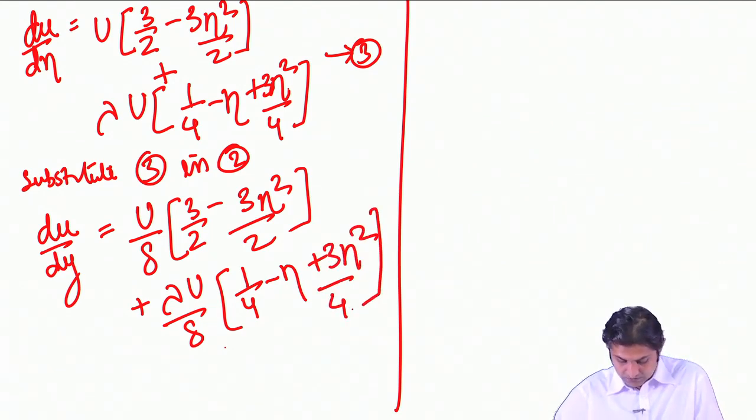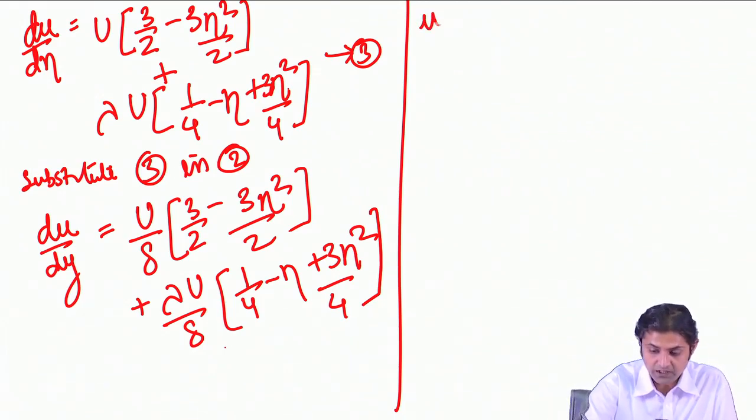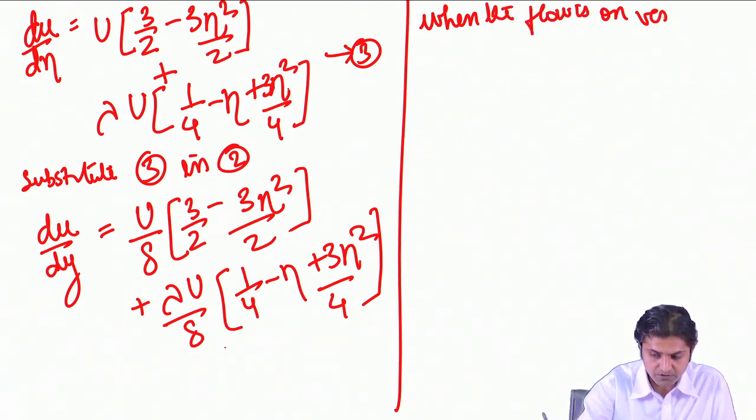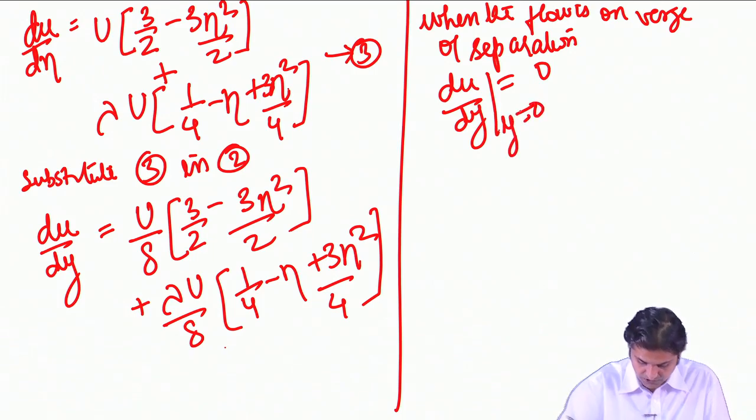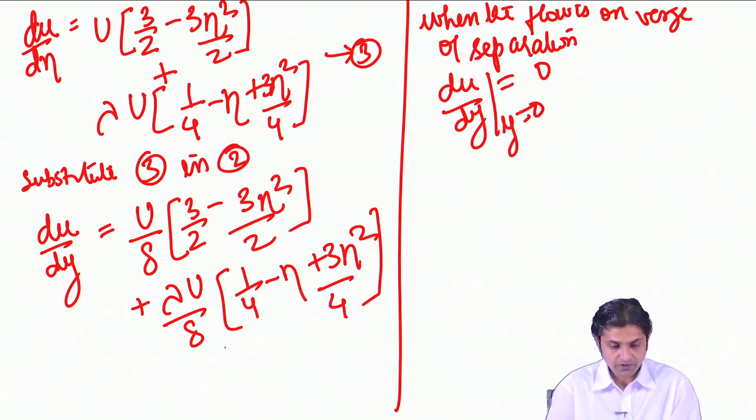All right. So when the flow is on the verge of separation, this means du/dy at y equal to 0 is 0.